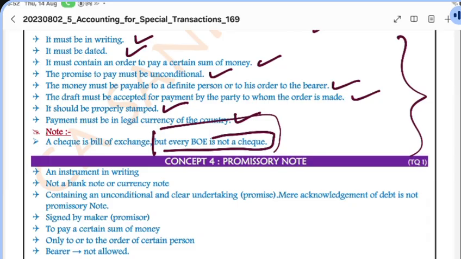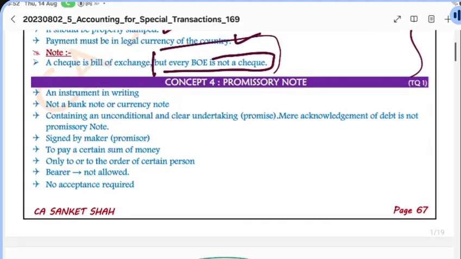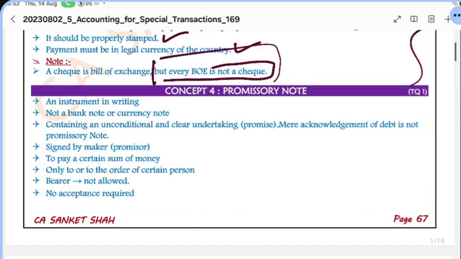A check is a bill of exchange. Then why is every bill of exchange not a check? Think over it. Wonderful statement it is. Why can we call a check a bill of exchange? Because it contains an order. But all bills of exchange are not checks.